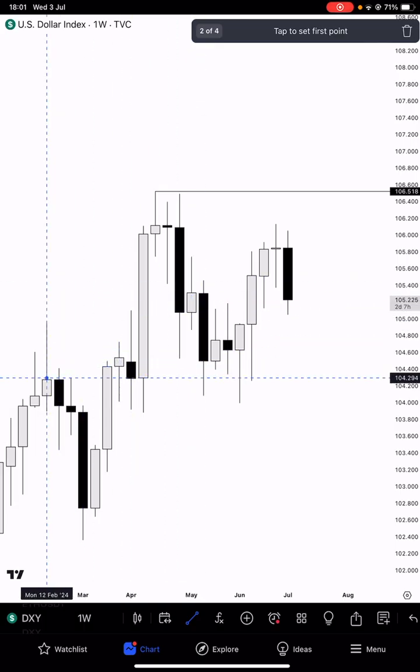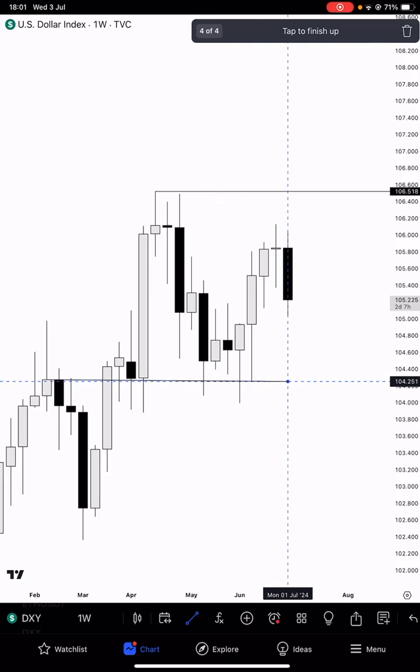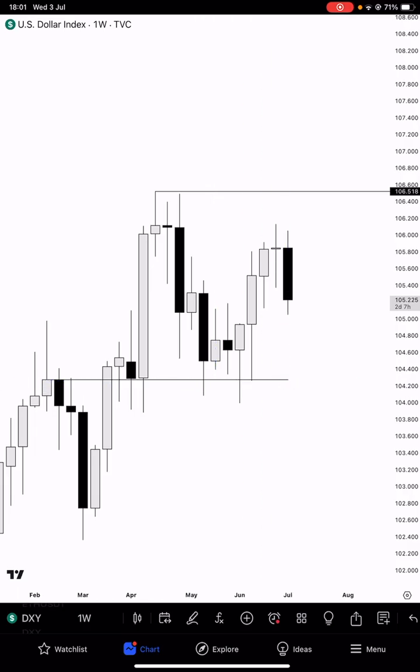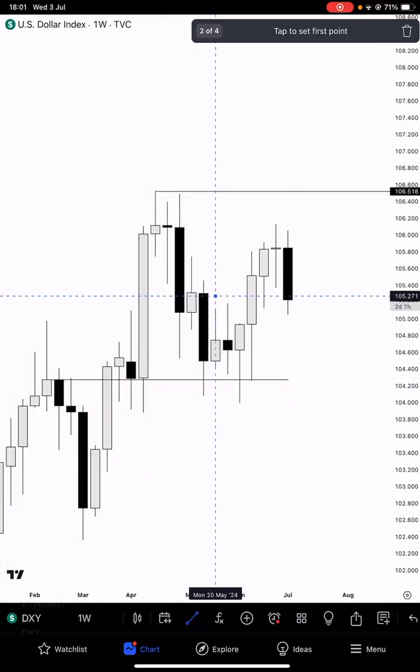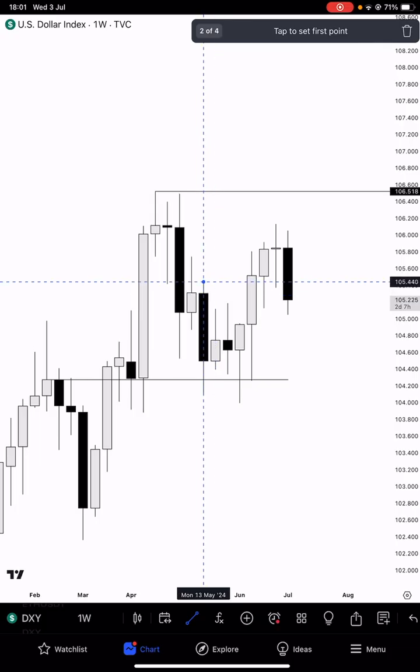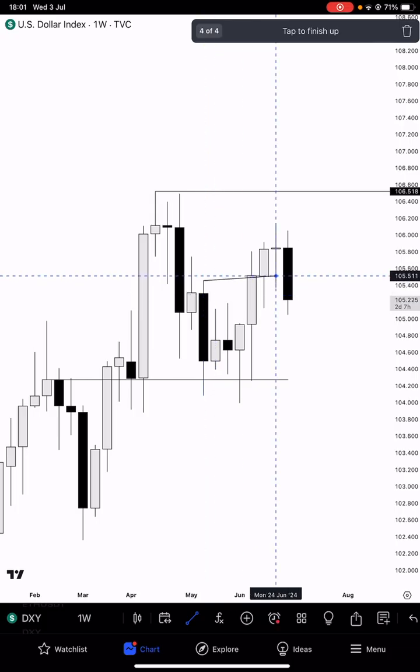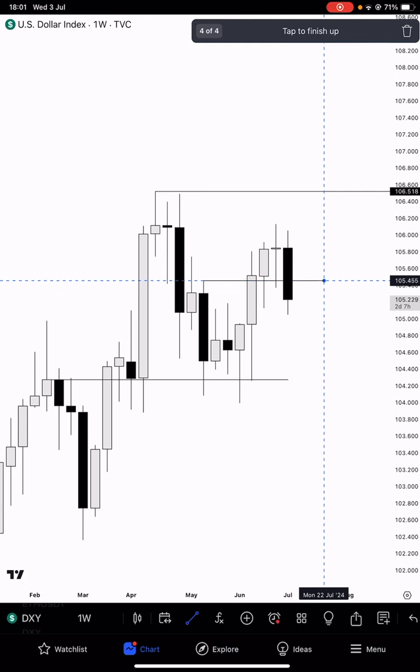We're coming off of this breaker, and after that we created this high probability order block, with the closure above the wick of the candle until breakout.